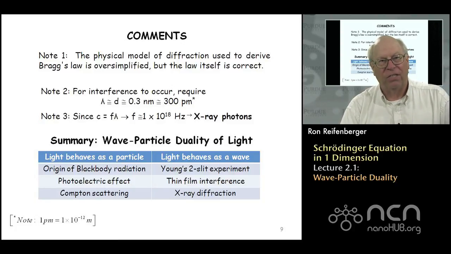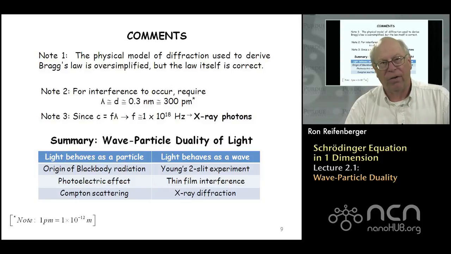Since the spacing between planes of atoms in a crystal is something on the order of 0.3 nanometers, that's about 300 picometers, the incident electromagnetic radiation is going to have wavelengths also on the order of 300 picometers.